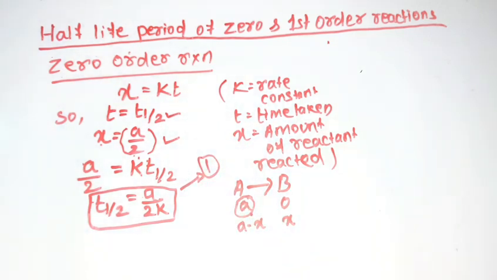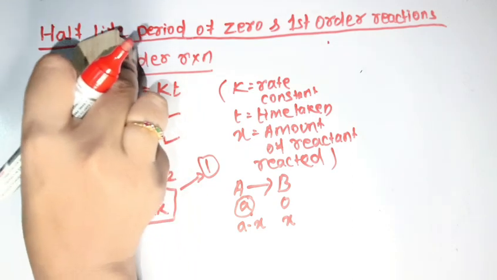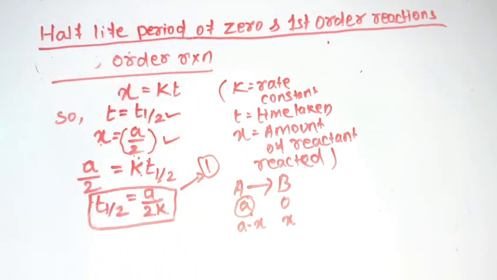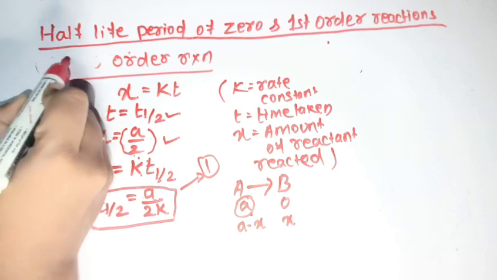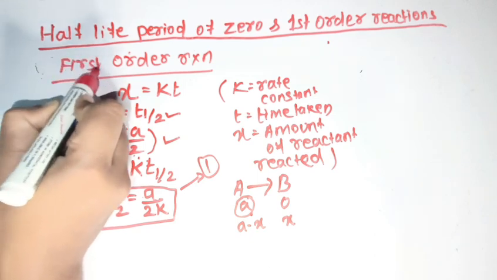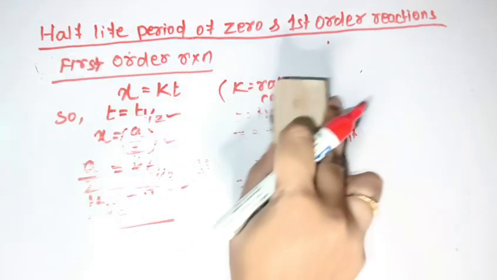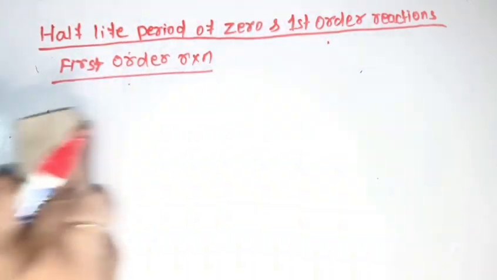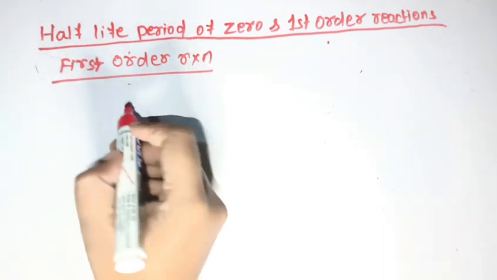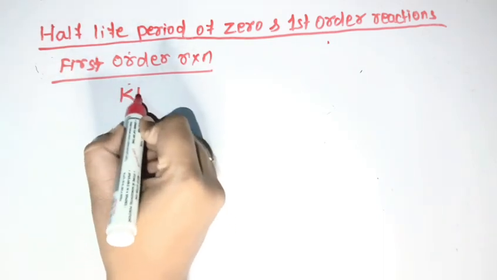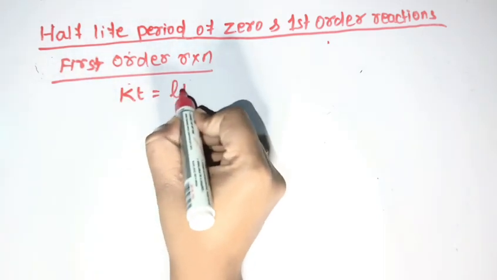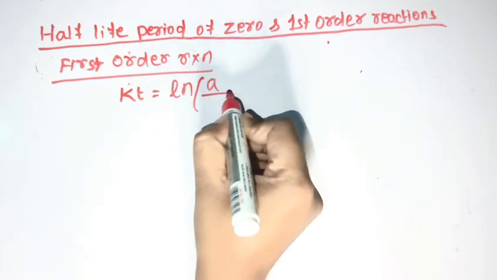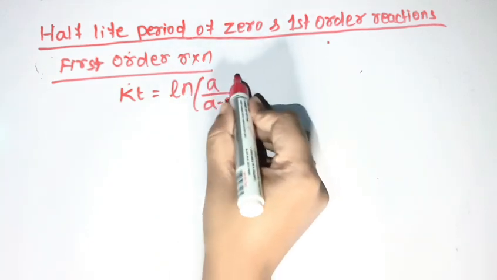Understand? Now we will calculate half-life period for first order reaction. Earlier we discovered that the equation for first order reaction is kt = ln a by (a minus x).